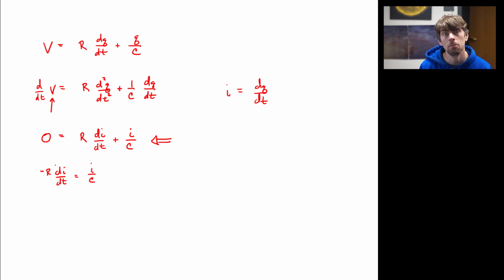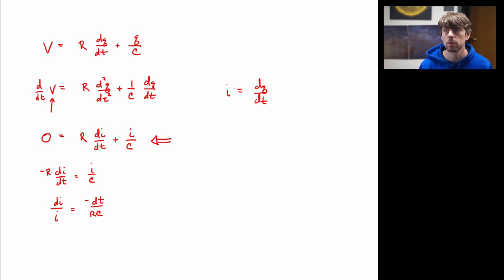Now I'll move everything around to get the i's on one side and the t on the other. I'm going to move that R while I'm thinking about it. And I've separated it.